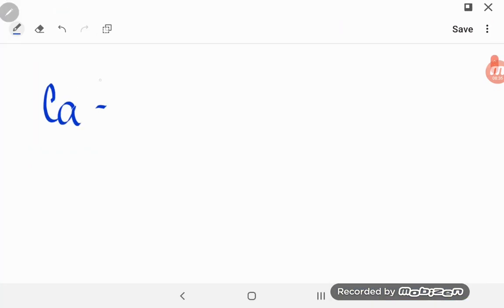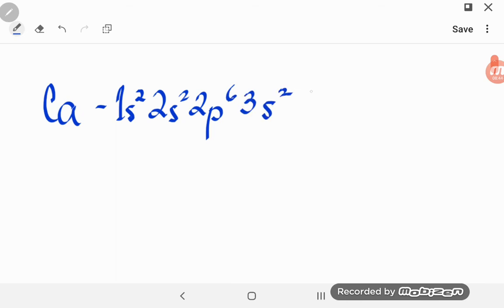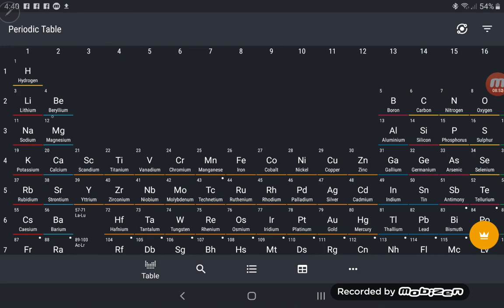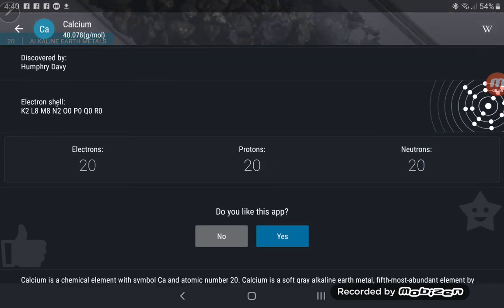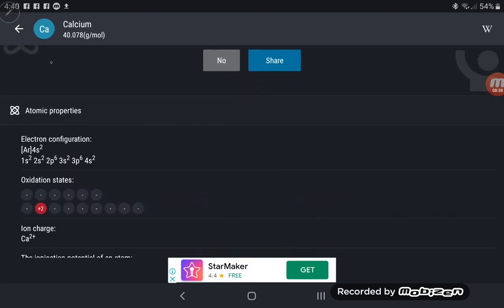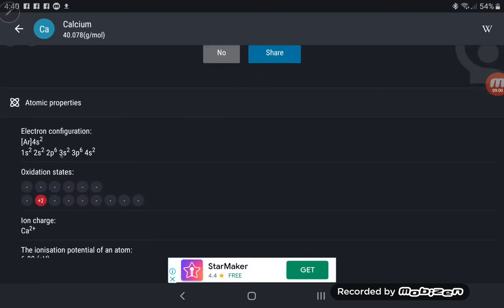If you're going to write the electronic configuration, that would be 1s2, 2s2, 2p6, 3s2, 3p6, and then 4s2. Now let me just recheck if we have written the correct electronic configuration for calcium. 1s2, 2s2, 2p6, 3s2, 3p6, 4s2. Okay, so that is correct.